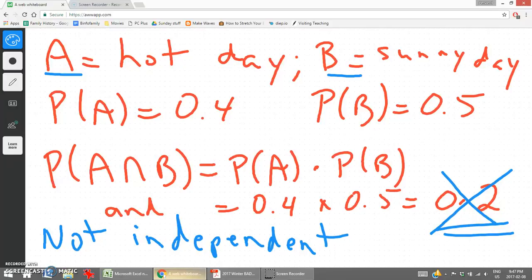So the answer would be insufficient information. We don't have enough information to compute the probability that A times B or 0.4 times 0.5 equals 0.2, because they could be influencing each other. Typically on a sunny day there's a higher probability of a hot day, or vice versa. So keep in mind, something in the question has to tell you if those two events are independent.